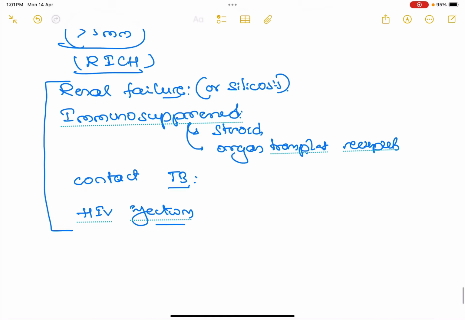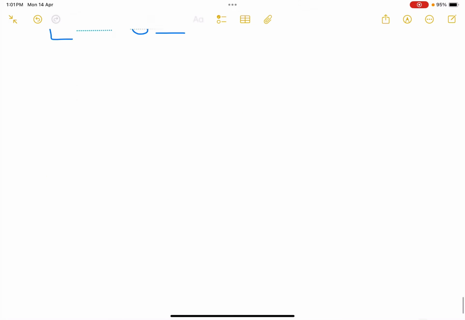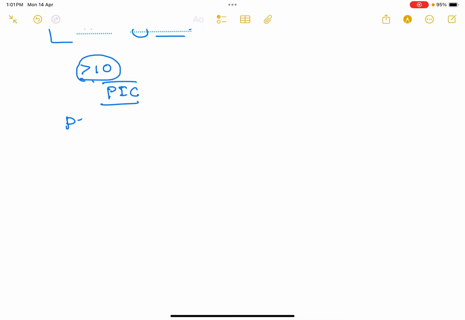In whom do we consider more than 10 mm as positive? This can be remembered by RICH PICK. P stands for personnel from high risk settings. What are these high risk settings?